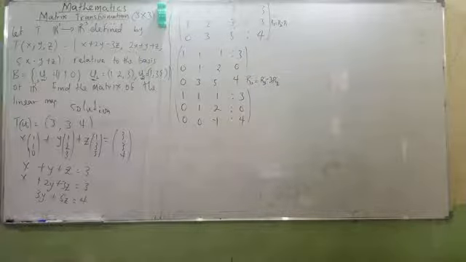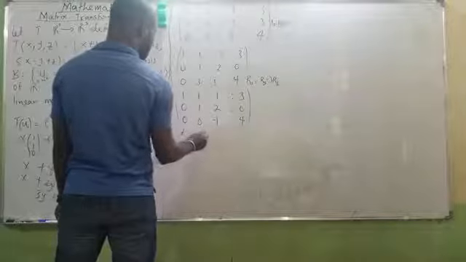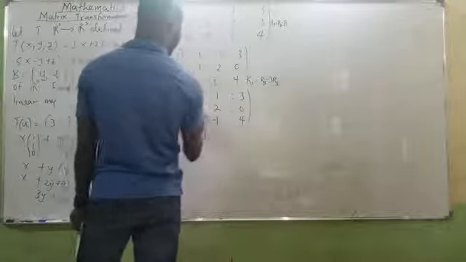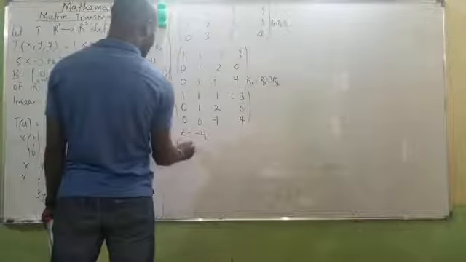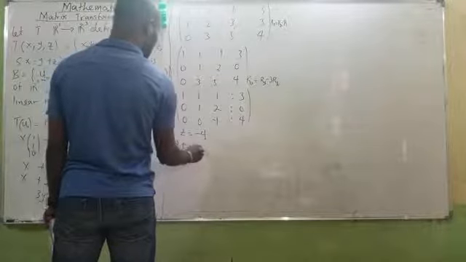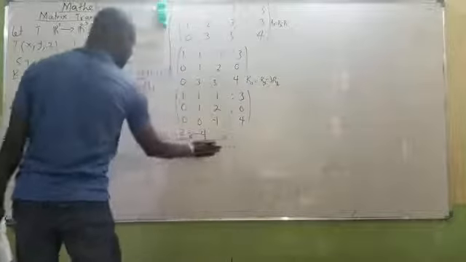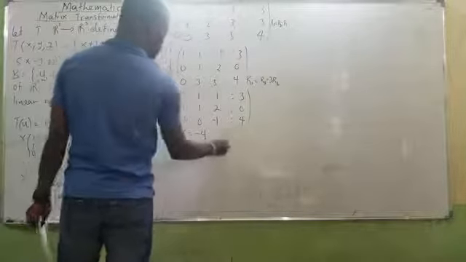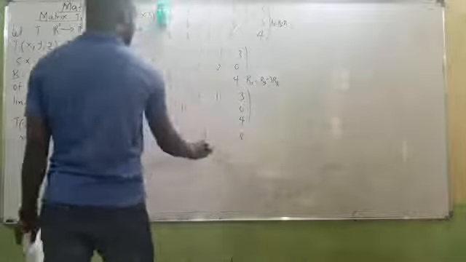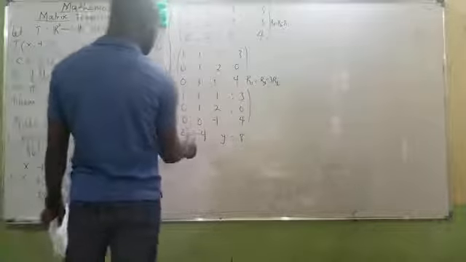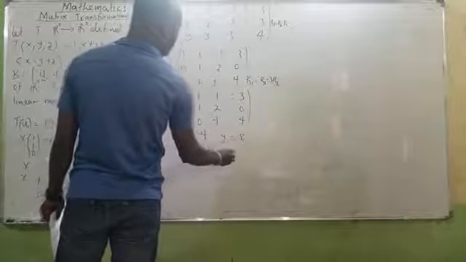Now, by so doing that, it means my z equals minus 4. Then y plus 2z equals 0, which means my y equals 8. Lastly, x plus y plus z equals 3.